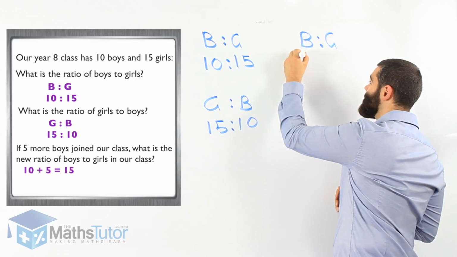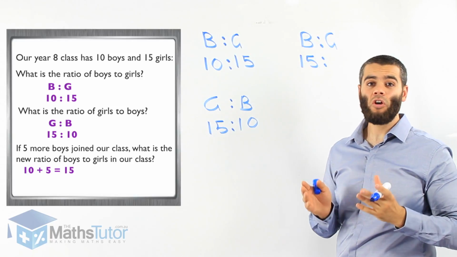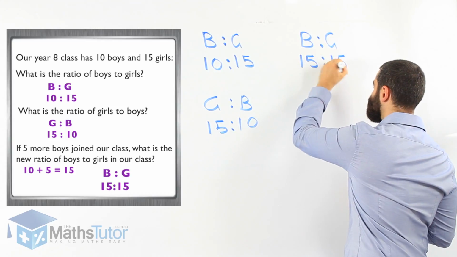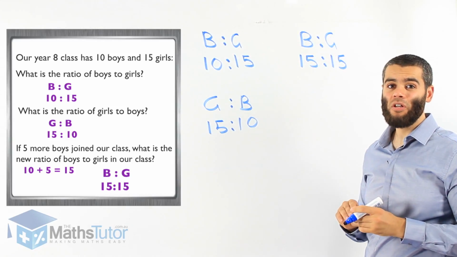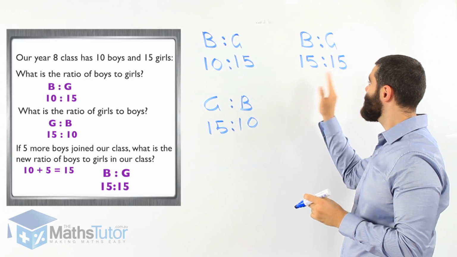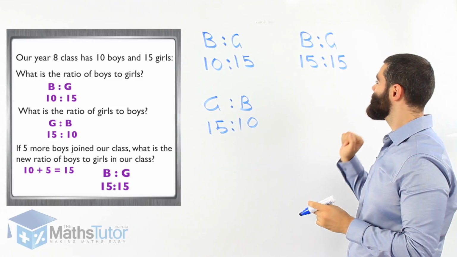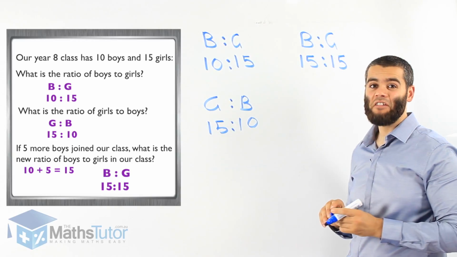So now we have 15 boys. And girls, we already know that there are 15 girls. So all of a sudden, after 5 more boys join the class, we have the same amount of boys as girls, which means half the class is boys and half the class is girls.